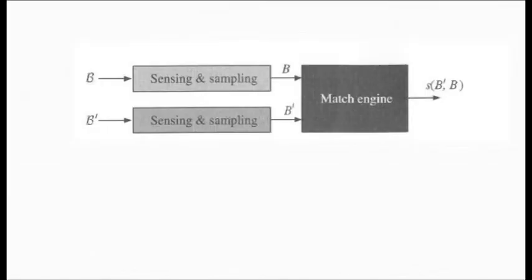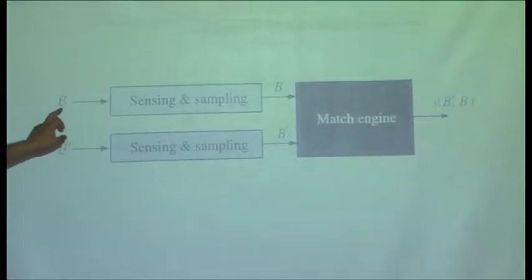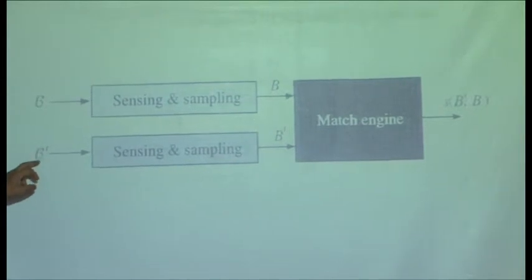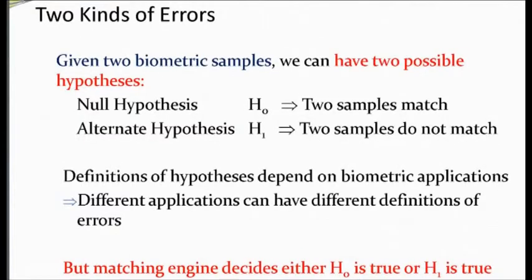correctly, right. This is the simple thing: you have the biometric subject, another sample has come, maybe from the same subject. They have given their data through sensors, the sensors extracted the features, and then the matching engine gives you some score.